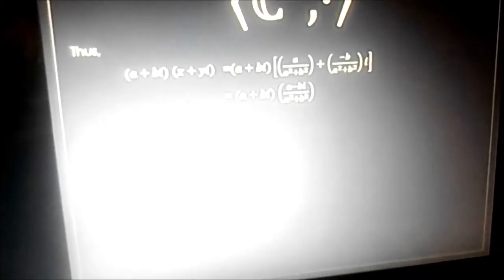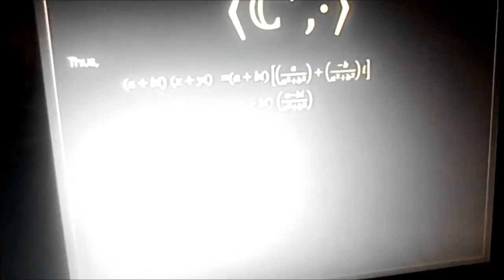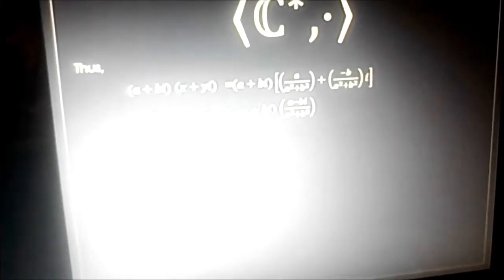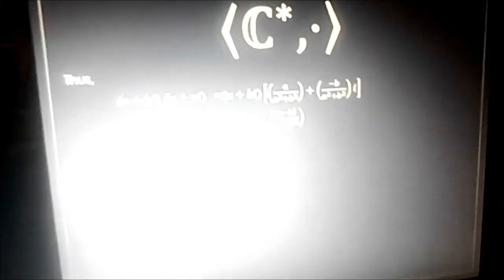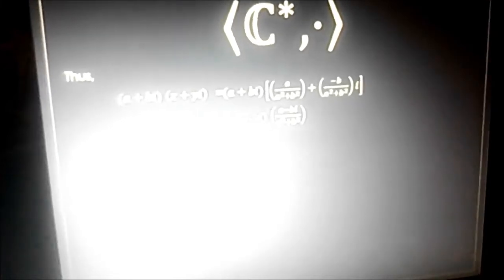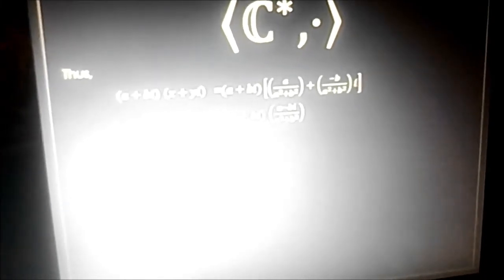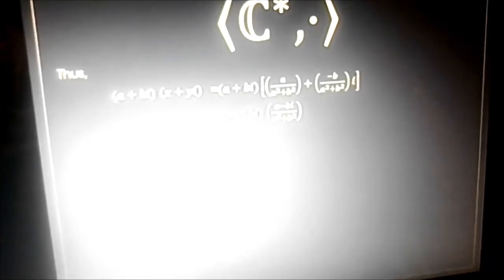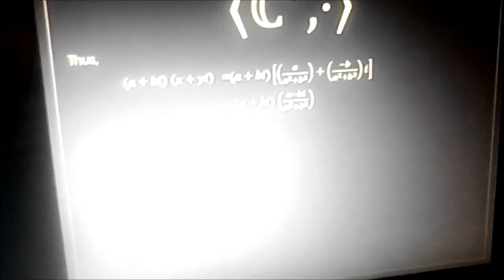Simplifying it, we have a plus bi, and our LCD is a squared plus b squared, so we can combine them since the denominators are equivalent. So, we have a minus bi, and we have a plus bi multiplied by a minus bi.